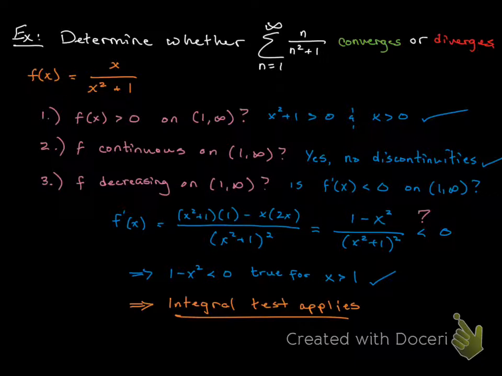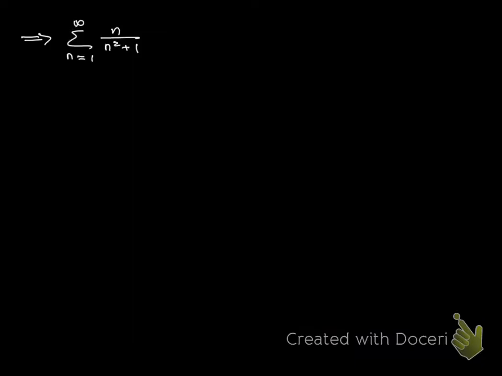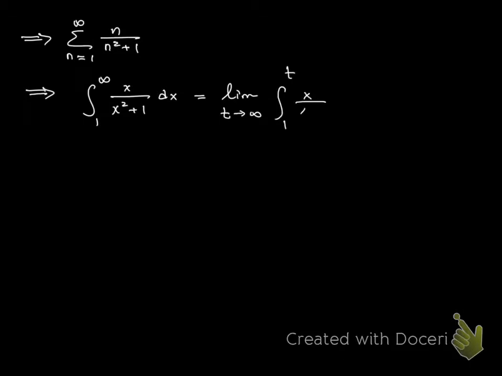So I'm going to set up and apply my integral test here. I look at this series, and I set up the following integral from 1 to infinity, replacing n's with x's and integrating. Since this integral is improper, all of these integrals with the integral test will be improper. I use a limit as t goes to infinity of the integral from 1 to t of x over x squared plus 1 dx.